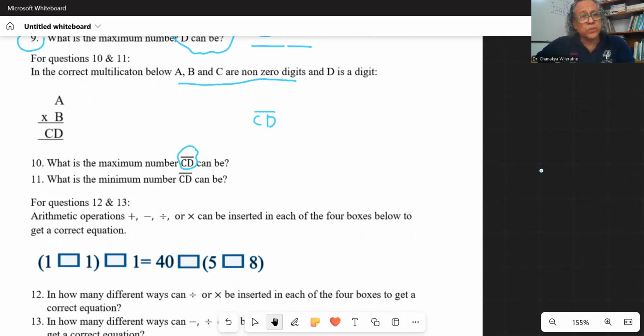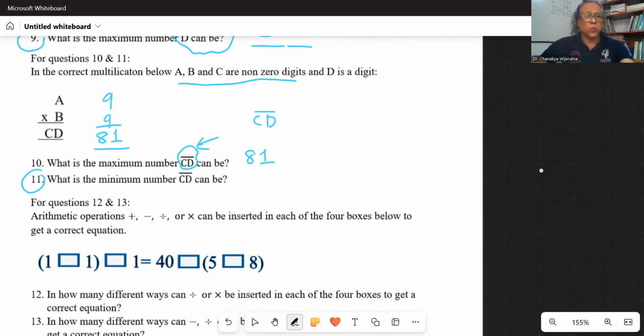We need the maximum A can be, which is 9, and the maximum B can be, which is 9. So 9 times 9 is 81. So that has to be the maximum of this number, so it is 81.